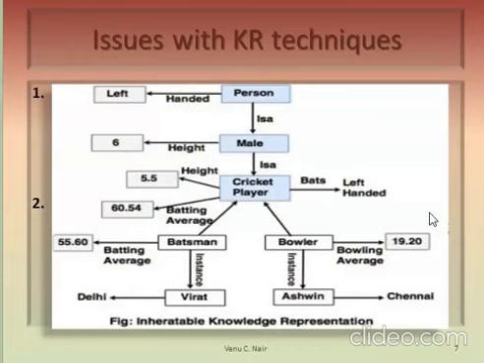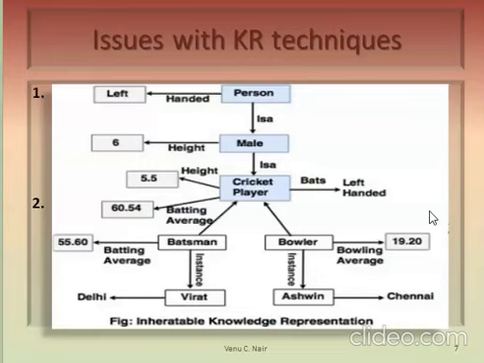Then let us continue with the issues with knowledge representation techniques. So this is an inheritable knowledge representation which uses is-a inheritance and instances of some entities. All these are attributes. Some attributes are important for deduction of some knowledges.